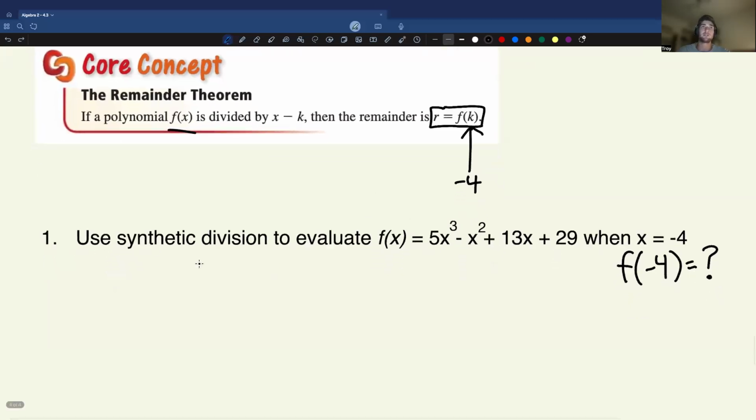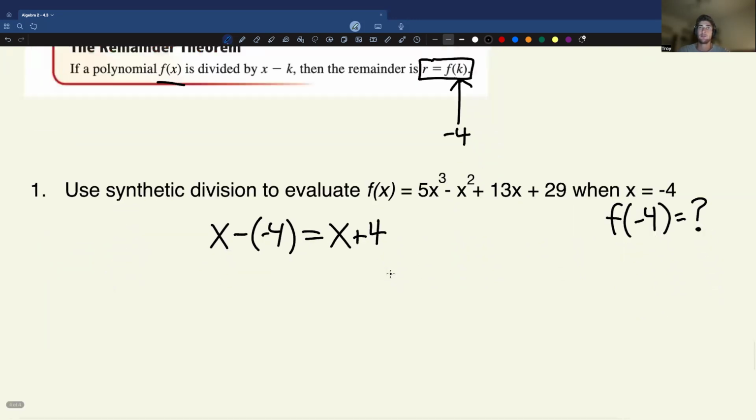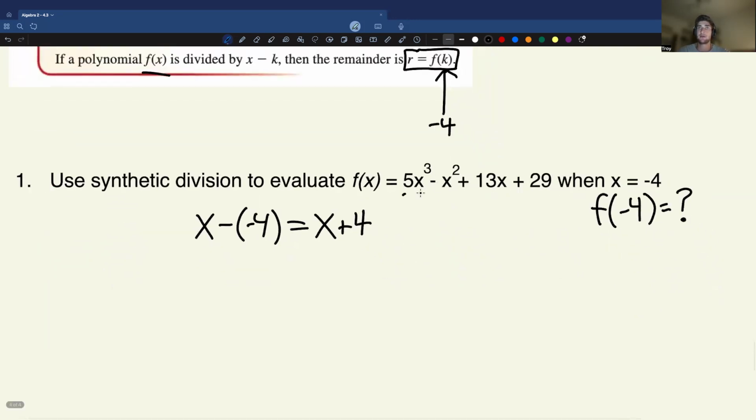So we want to divide by x minus -4, aka x plus 4. We need to divide this by x plus 4.